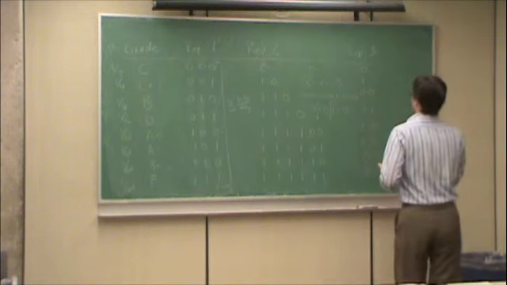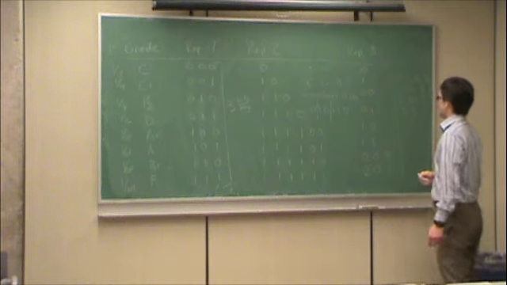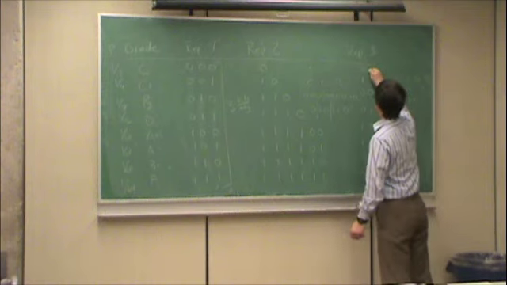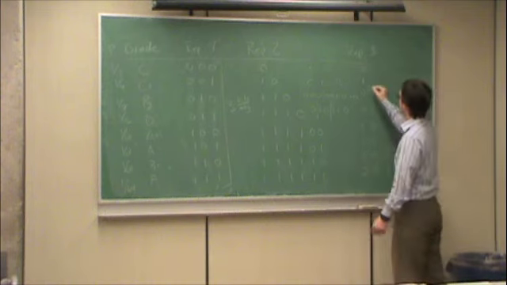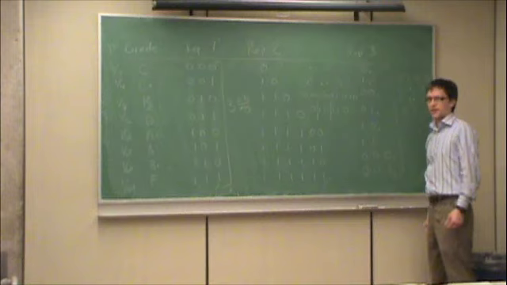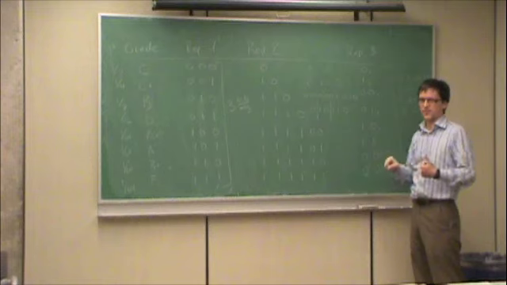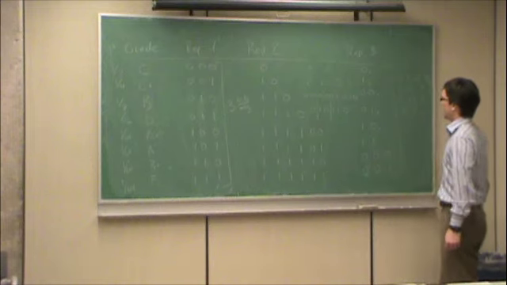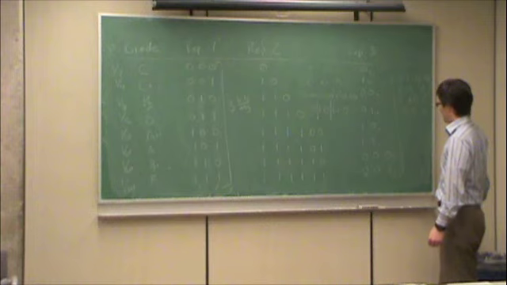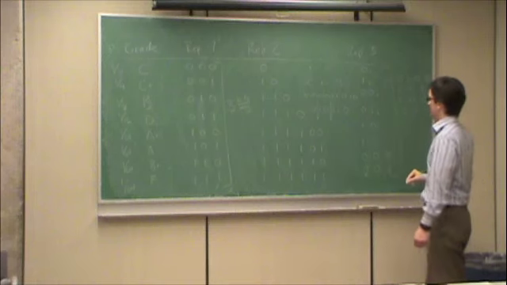There's another possibility. I could have a third symbol, call it the comma. Now this is obviously uniquely decodable because every time I see a comma, I can realize that there's a break there.